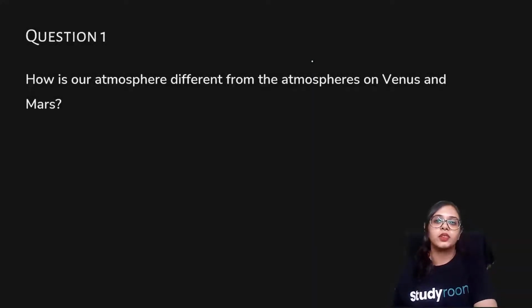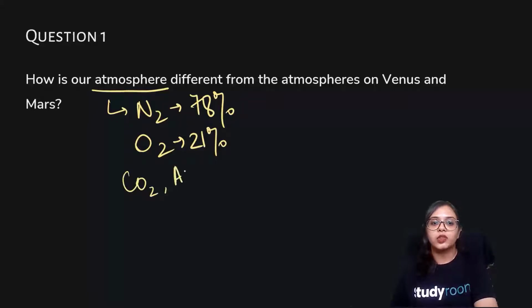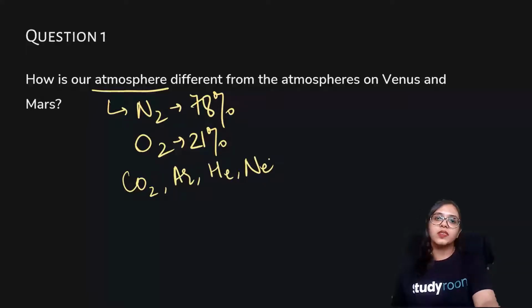How is our atmosphere different from the atmosphere on Venus and Mars? We know that in our atmosphere we have some life aiding elements present, such as nitrogen, that is 78%, and oxygen, that is 21%, and the rest of the gases such as carbon dioxide, argon, helium, neon are also present, but in very minute quantities.